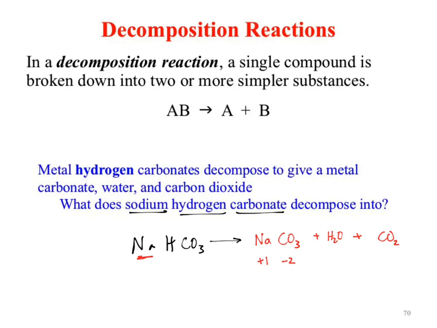So when we look at the rules for balancing, I always tell you, balance your products first. That means look at those and make sure they're correct. How do I make that formula correct? I need to make sure that when those two come together, they have 0 charge. I need 2 sodiums. The formula is Na2CO3. Now that formula is correct.